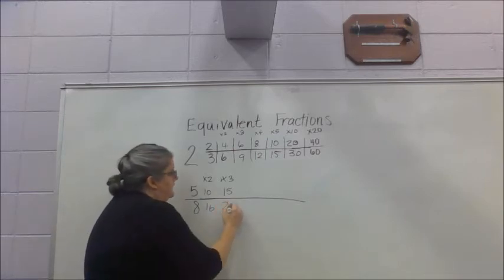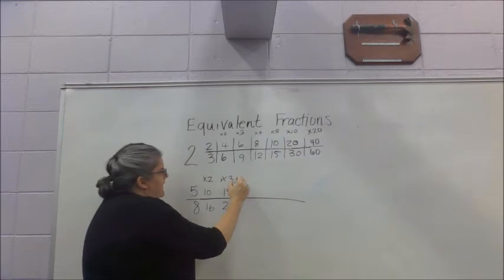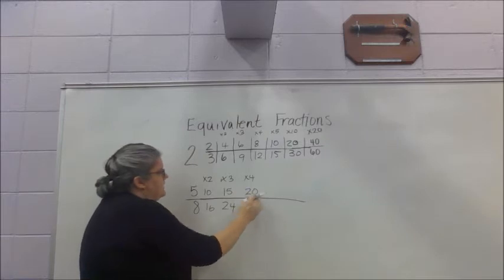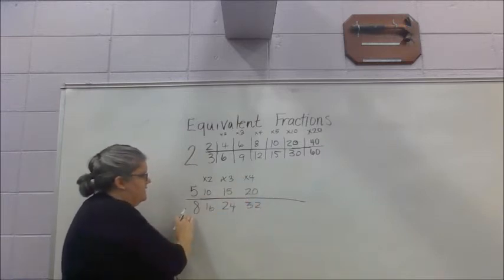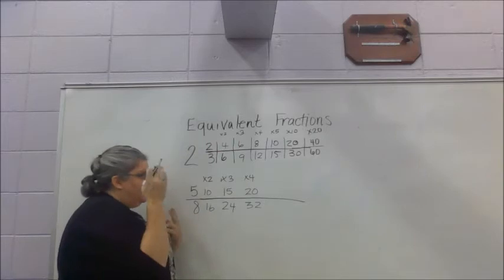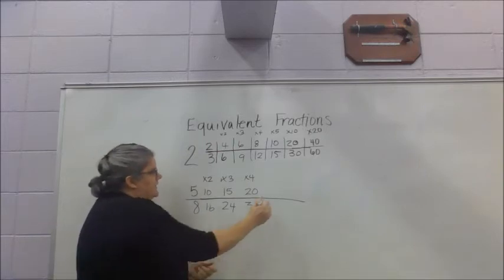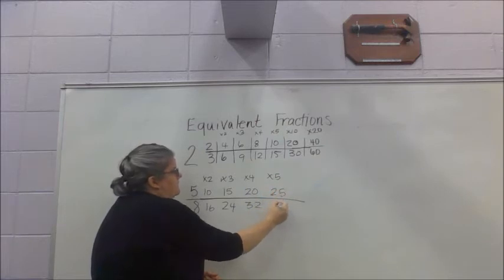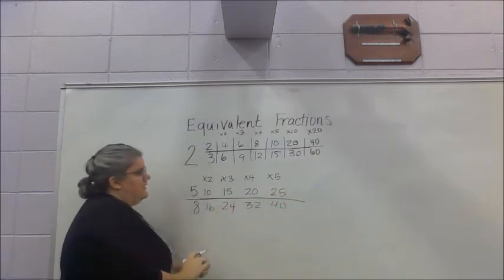Okay, 24. And then I can multiply by 4, and I get 20 over 32. My cool way to remember times 4 is I know that 8 times 2 is 16, and I can double 16 in my head pretty quickly. And I can do 8 times 5 and get 25 over 40, and I can keep going like that.